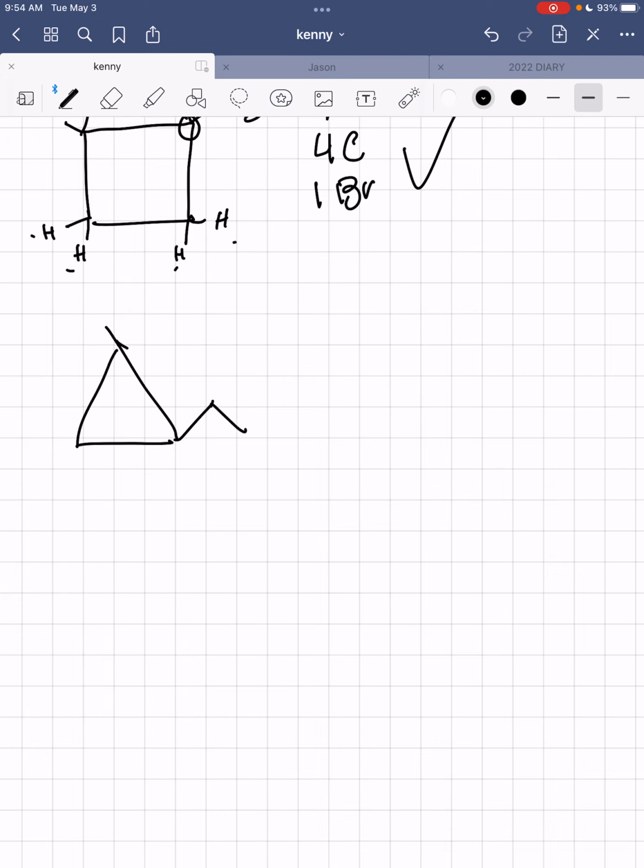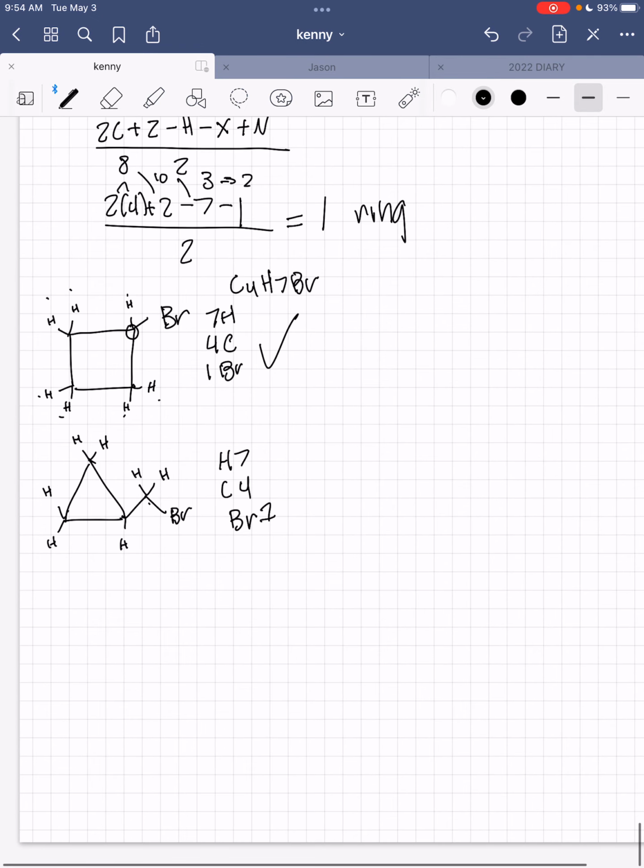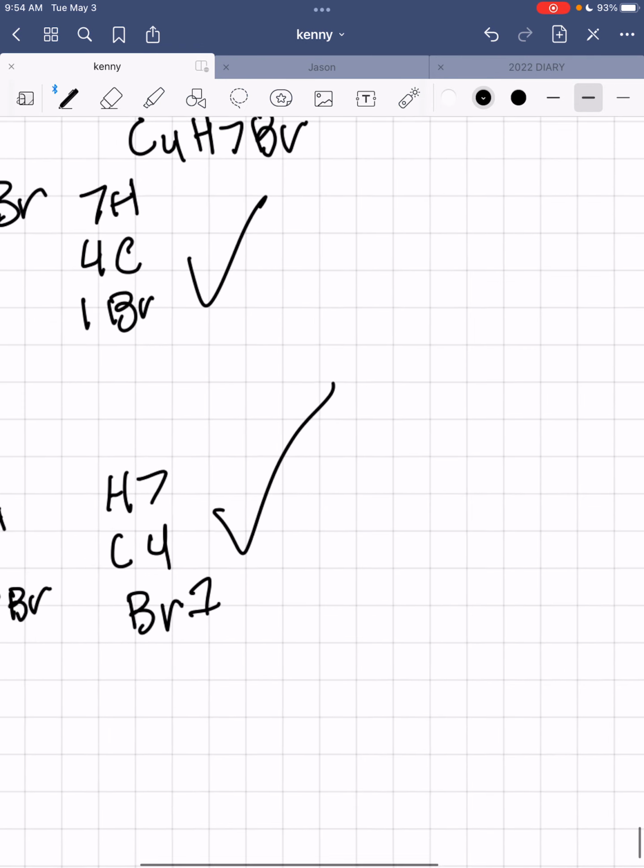So count out the hydrogens to make sure. 1, 2, 3, 4, 5, 6, 7. 1, 2, 3, 4. 1 bromine. Does that fill it out? Yep.